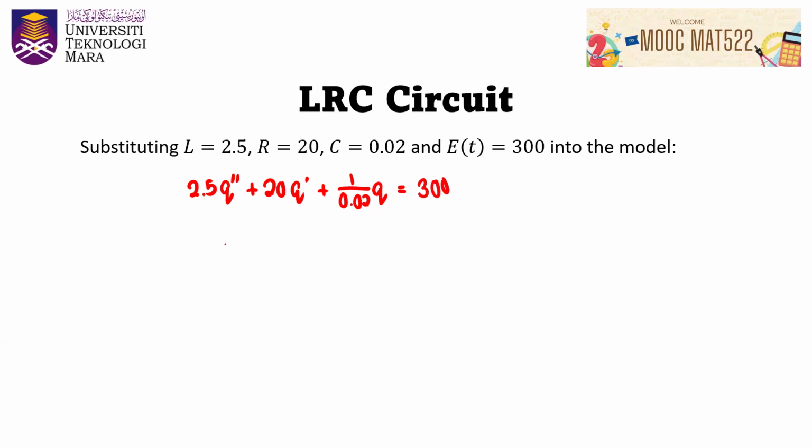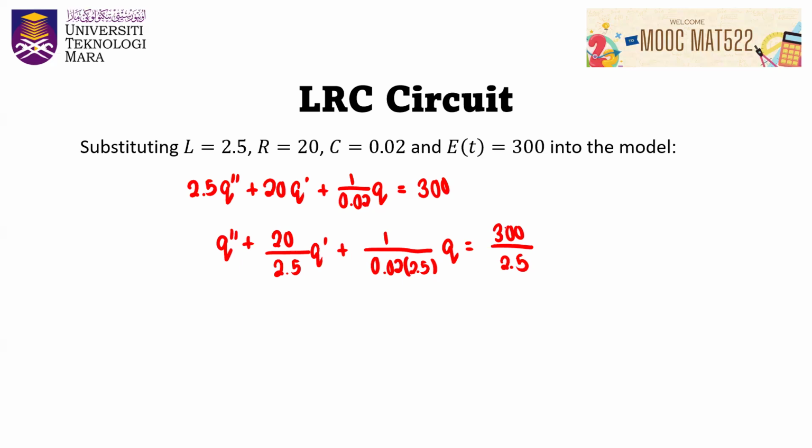This model we can further simplify into Q double prime plus 20 divided by 2.5 Q prime plus 1 over 0.02 multiplied by 2.5 Q equals 300 over 2.5. In other words, the computations and simplifications give us Q double prime plus 8 Q prime plus 20 Q equals 120.